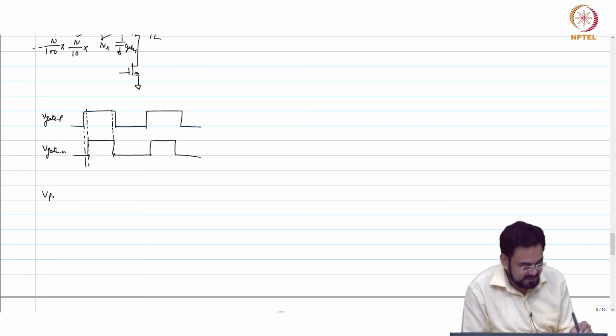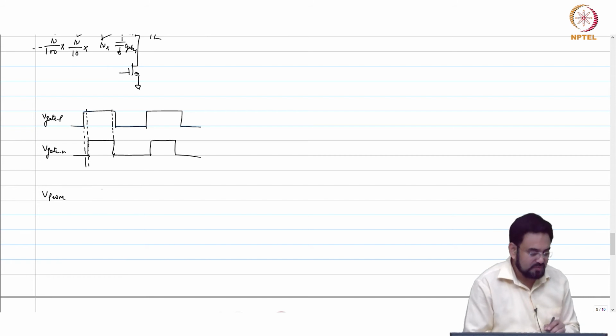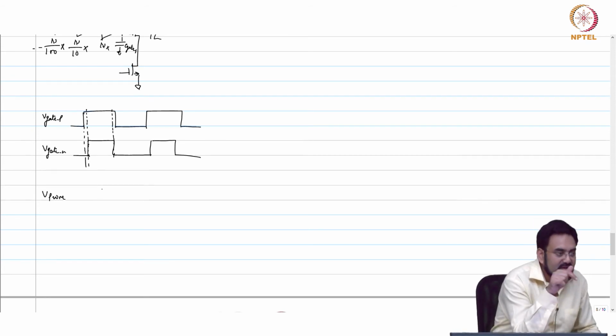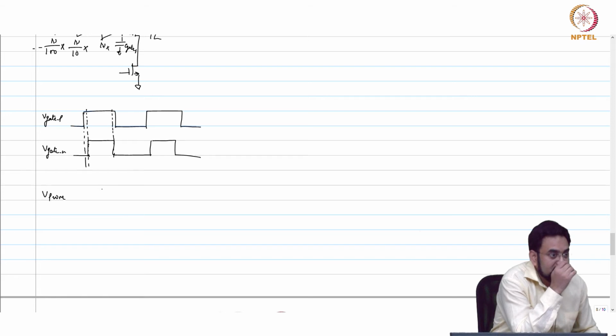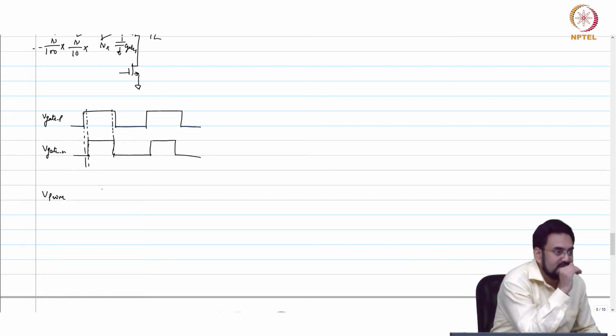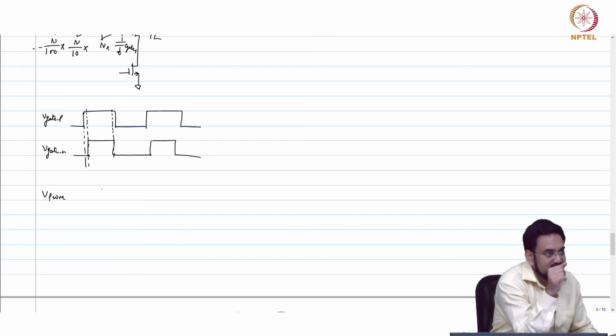So we know we have VPWM. What does it mean? When your PMOS is turning off or NMOS is turning off, you have to do it right at the edge of your PWM. When PWM goes high, you have to turn on PMOS and turn off NMOS. So you will immediately turn off NMOS at the rising edge of PWM, but you will turn on PMOS after some delay.